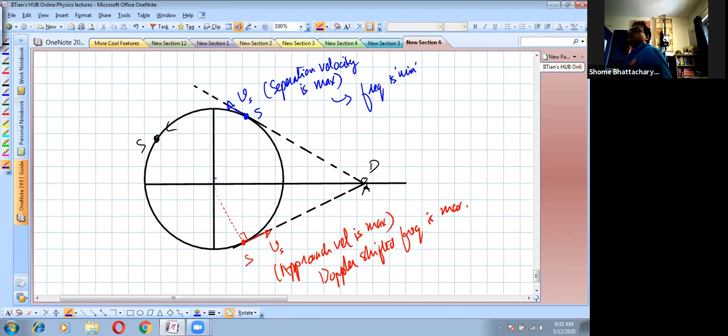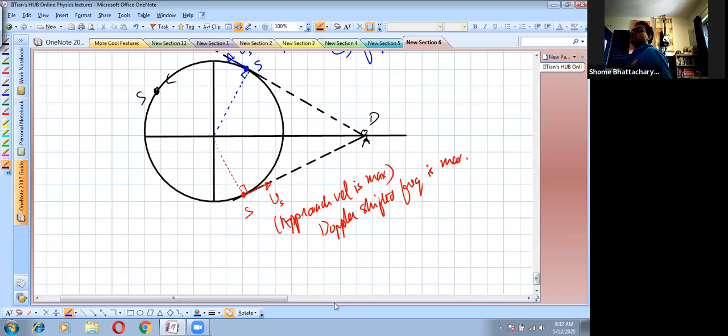So anyway, first part we just had to find out that maximum and minimum frequency itself. So that was actually a very easy part. All you have to do is substitute in the formula of Doppler shift.